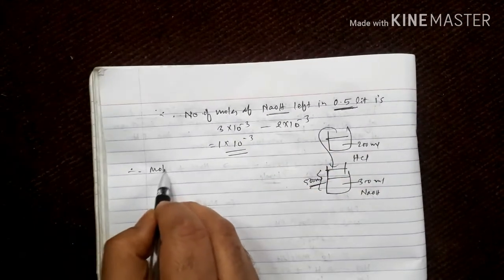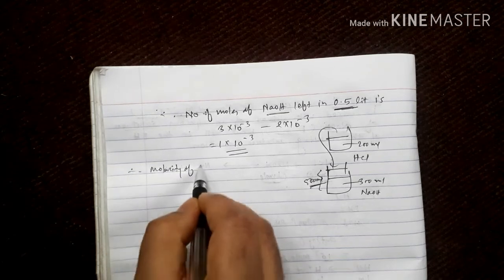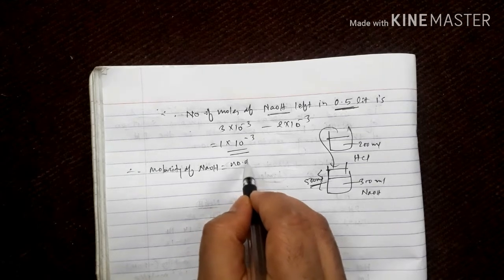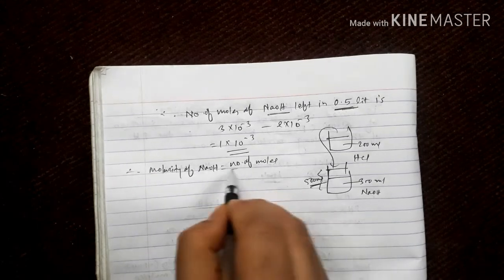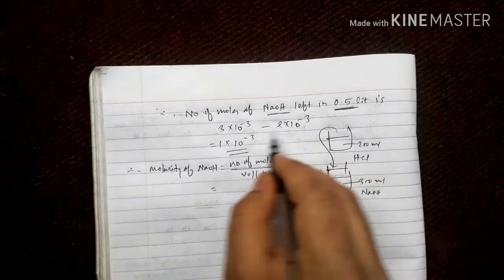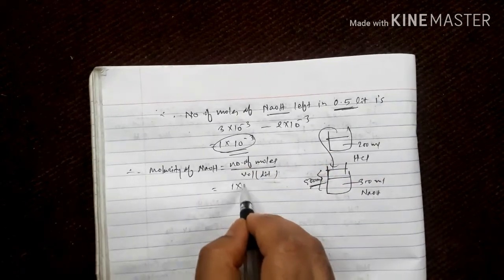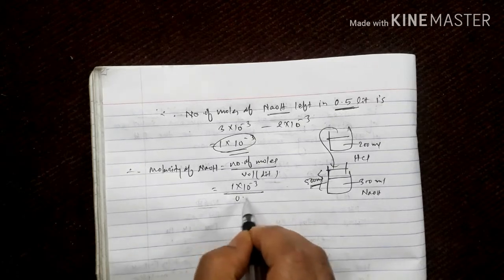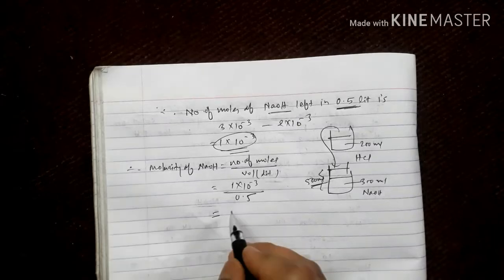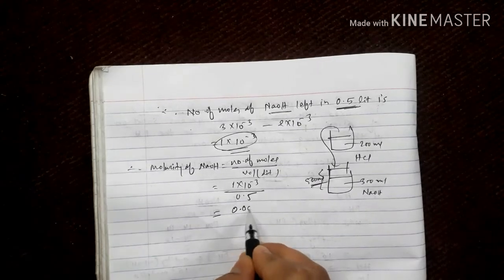Therefore, molarity of NaOH is number of moles of NaOH in solution by volume in liter. How much mole of NaOH is left? That is 1 into 10 to the minus 3 and volume is 0.5. The molarity of NaOH is 0.002.